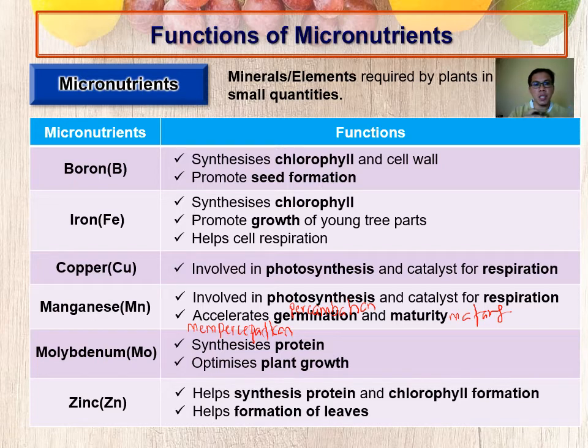Okay, kalau kita perhatikan, if you take a look very carefully, you will see that this micronutrient, most of them help just as a co-helper or help in synthesis of chlorophyll and catalyst for respiration as well as for formation of leaf.